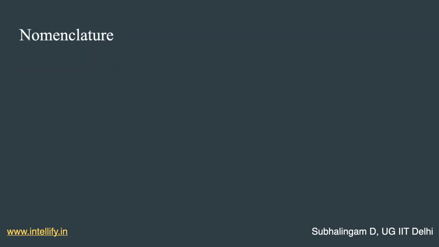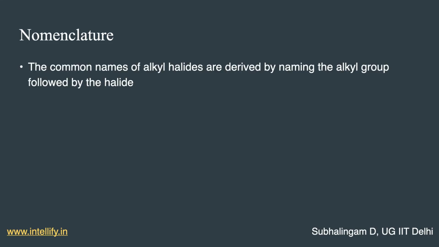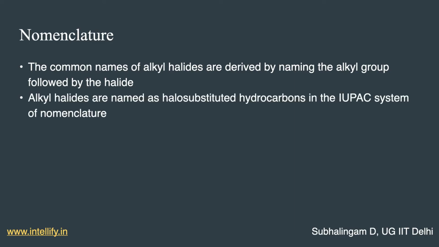Let's look at the nomenclature, that is how we are going to name these compounds. As we all know, everything has a common name and an IUPAC name. Let's look at both of them. The common names of alkyl halides are derived by naming the alkyl group followed by halide. Pretty simple.